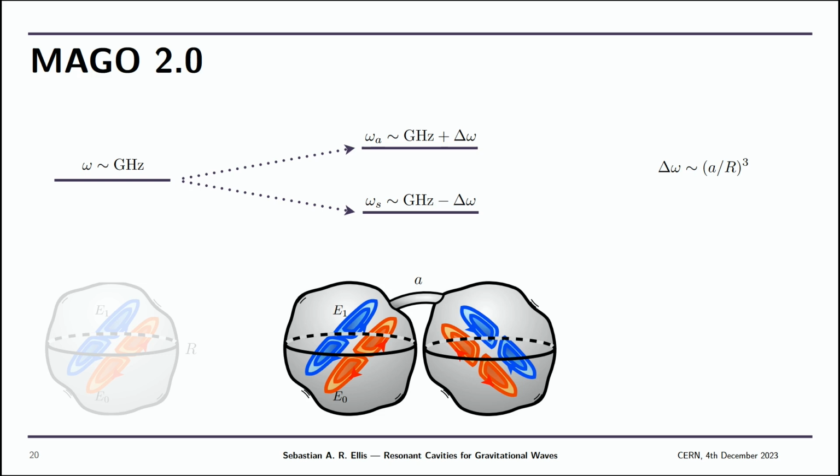And this splits any single mode in the first cavity that I had into two modes, the symmetric and the antisymmetric combination, exactly the same way as what happens when you combine two pendula together. And the splitting of the two frequencies basically goes like the radius of this little connector here, a, over the radius of the cavity cubed.